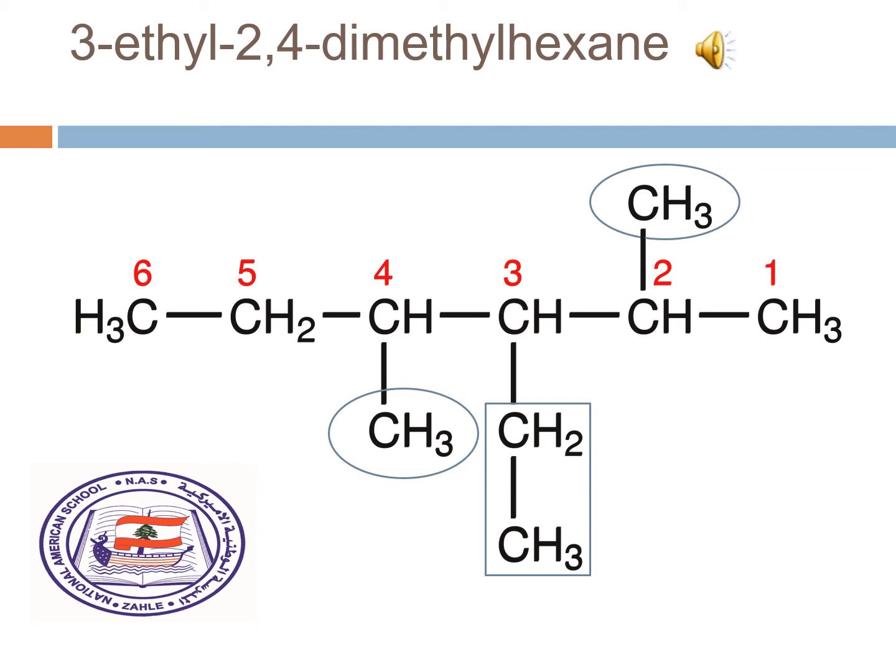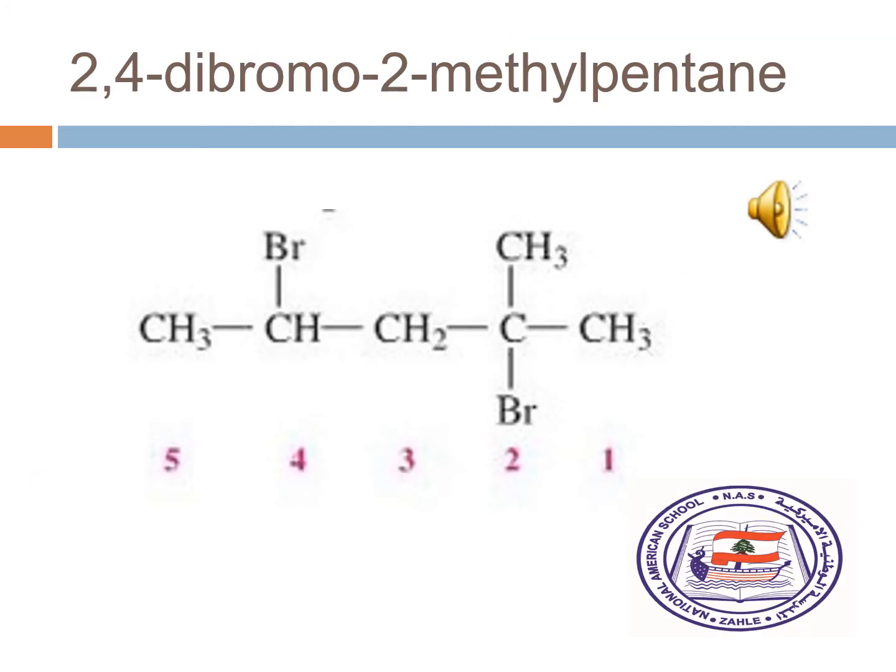Therefore, the entire name of this structure is 3-ethyl-2,4-dimethylhexane. Remember guys, the hyphen is used to separate between letter and number or number and letter, and the comma is used to separate between numbers.